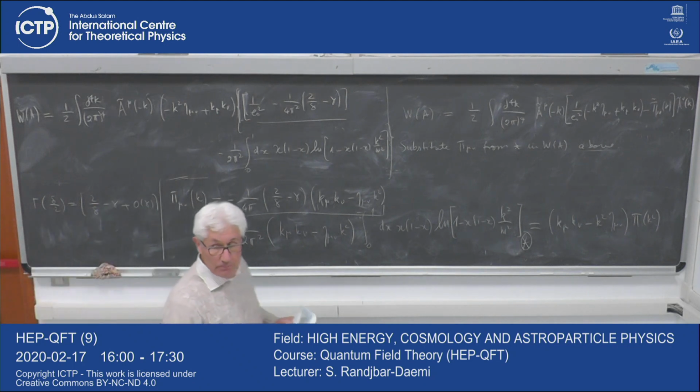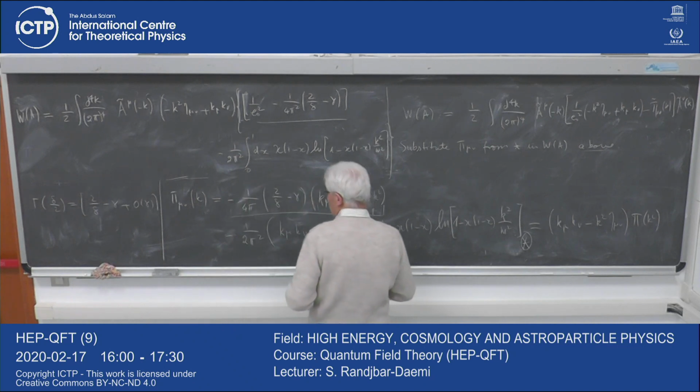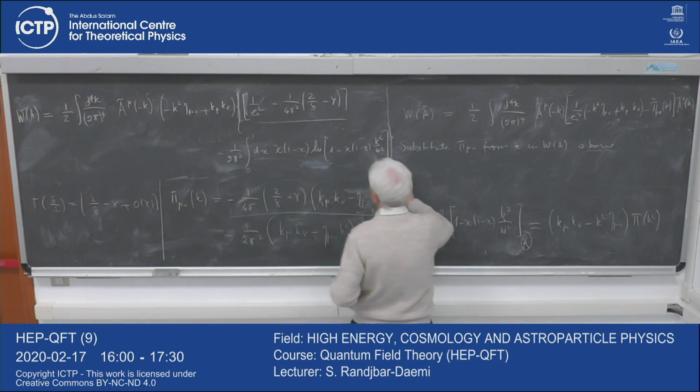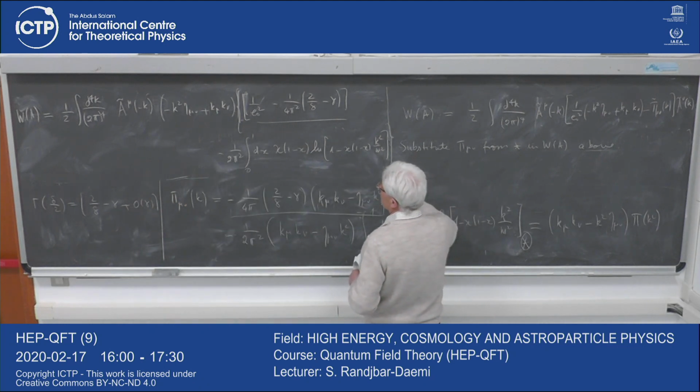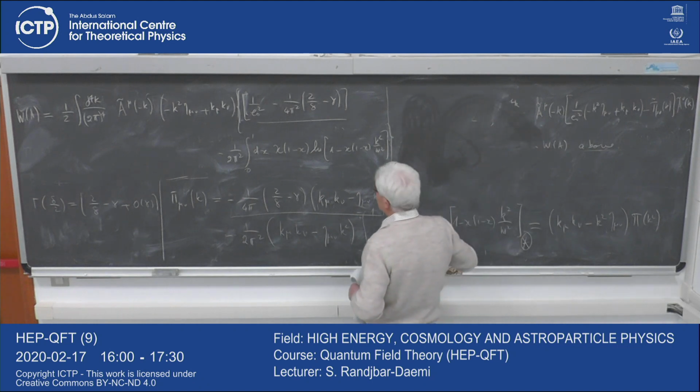So you should have an additional A tilde at the end. That's right. As usual, I dropped something. That's right, thank you. I have an additional A tilde. Where should I put it? Maybe I can just stick it here.